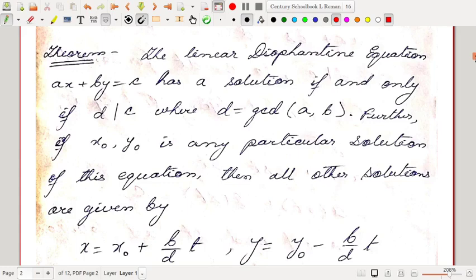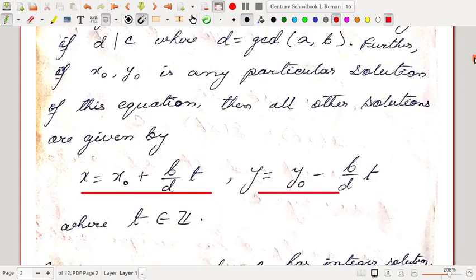Further, if x0, y0 is any particular solution of this equation, then all other solutions are given by x equal to x0 plus b by d into t, y equal to y0 plus a by d into t. Oh, sorry, I made a mistake here. It should be y equal to y0 plus a by d into t. This will be a.